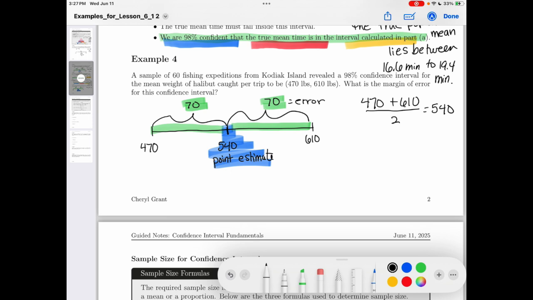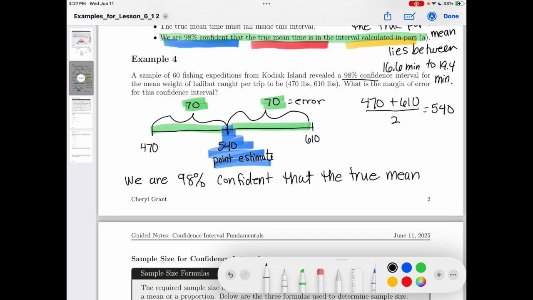Now, to make a full statement or a full conclusion about this interval, since it's a 98% confidence interval, we would say we are 98% confident that the true mean, or you can say the population mean.